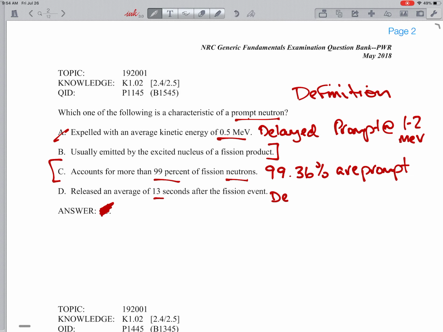That's going to be delayed. Usually emitted by the excited nucleus of a fission product, those are going to be more delayed. So C, I really like C. I know that's the correct answer. I'm going to mark off B and D, and we're going to see if C is correct. And look, C is correct.